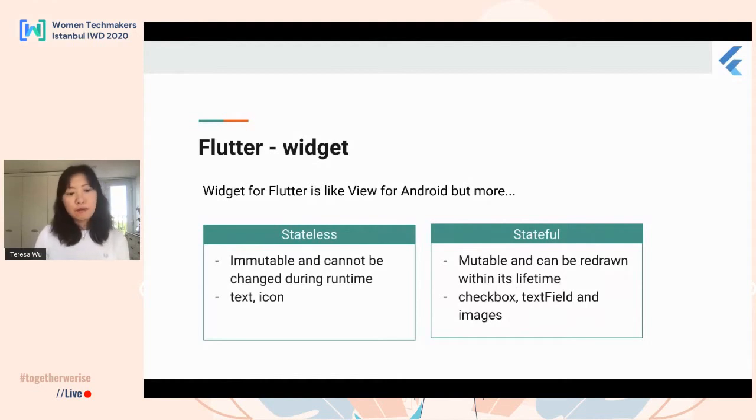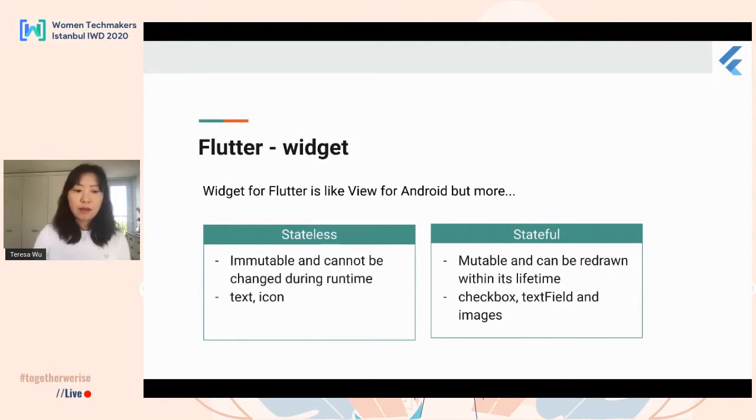To use Flutter, you must know widgets. It's like a view for Android, but more. Imagine a view is like a Lego piece, right? Then a widget is more of a complete model. There are two types of widgets. If you are building a static view, you can use a stateless widget.